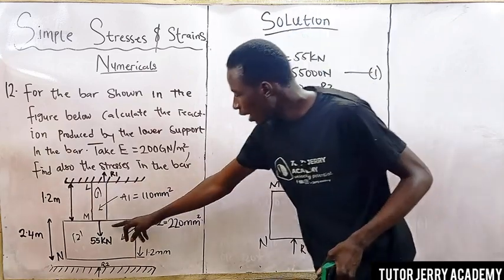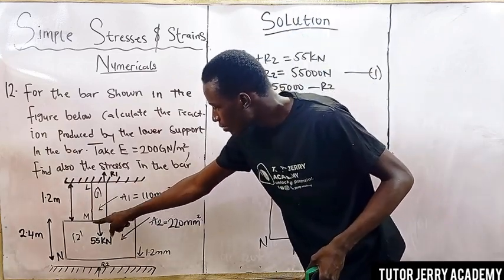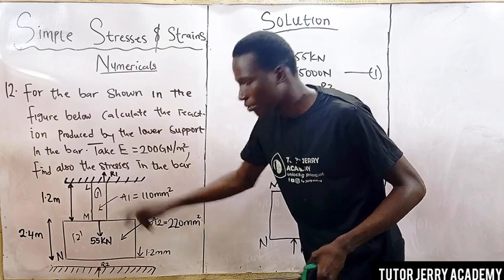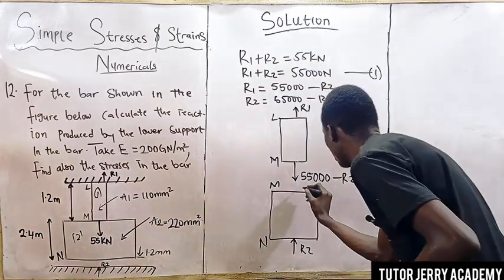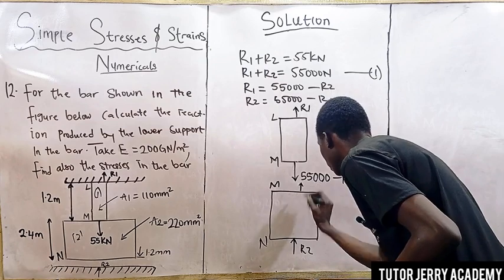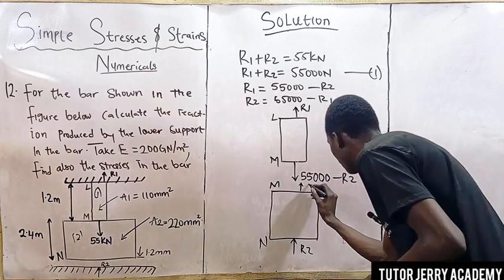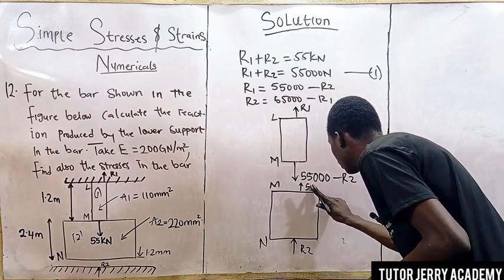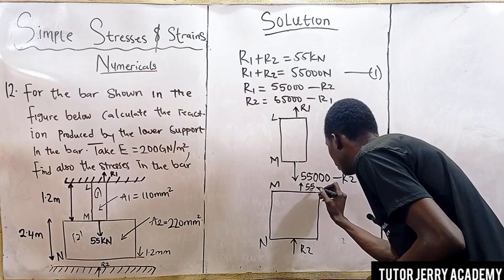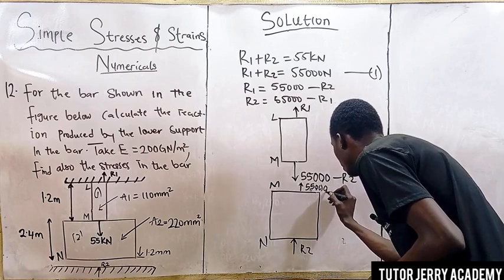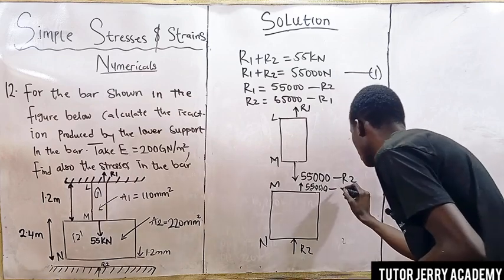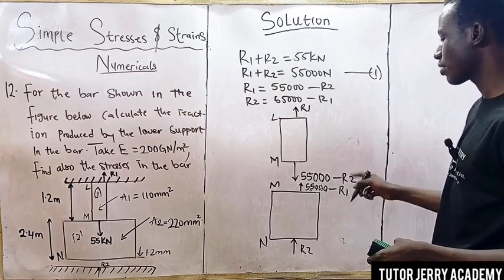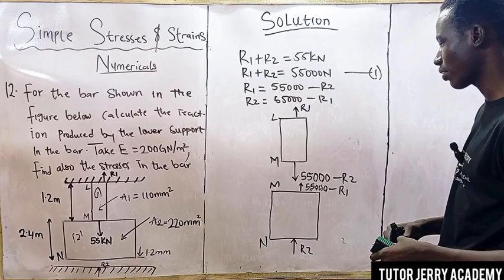So to get the total compressive force coming on this bar N from the top, I take out R1, which gives 55,000 minus R1. So this is my free body diagram for sections 1 and 2.